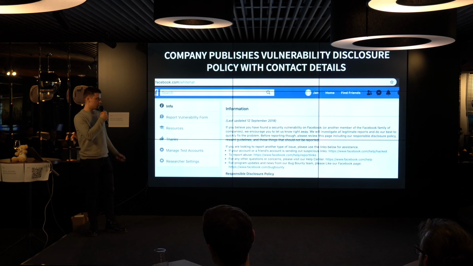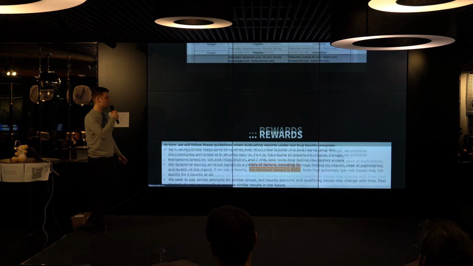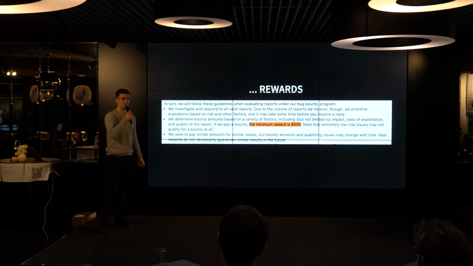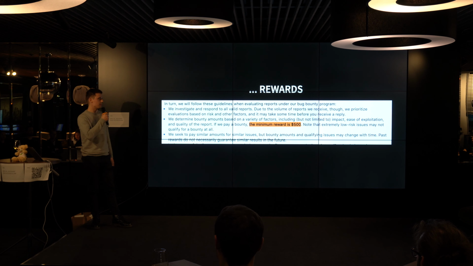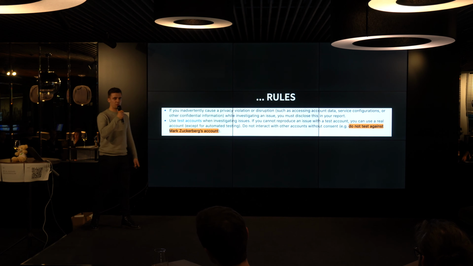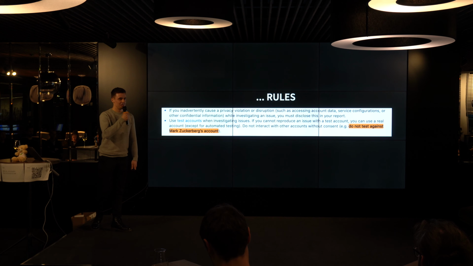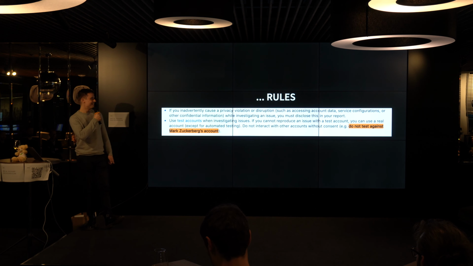And in case you want, you can extend it with some scope, like in-scope target domains or applications, and some rewards, which would basically create a bug bounty program out of the vulnerability disclosure page, and some rules. For example, in the case of Facebook, you are forbidden to test against Mark Zuckerberg's account because there were some takeovers.